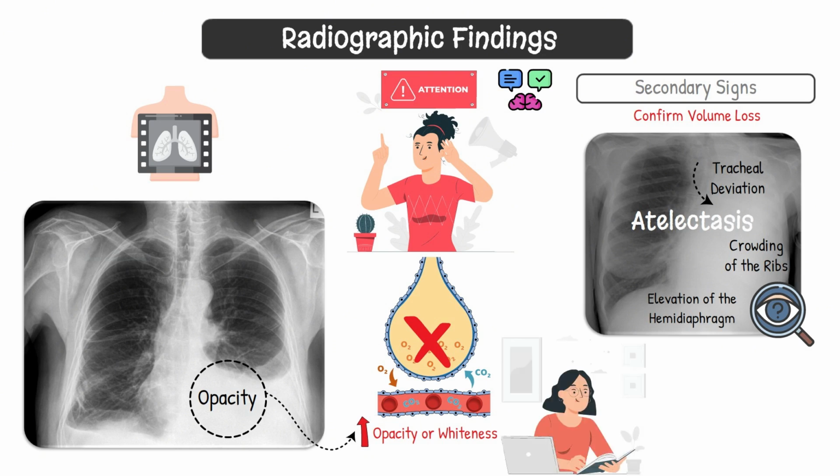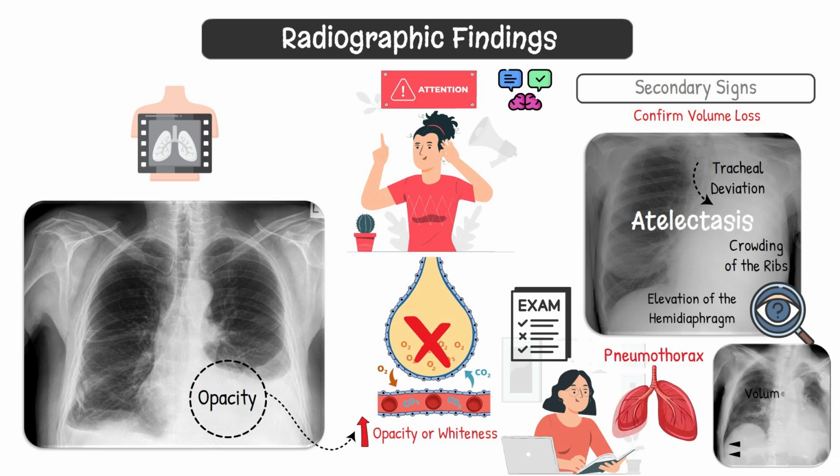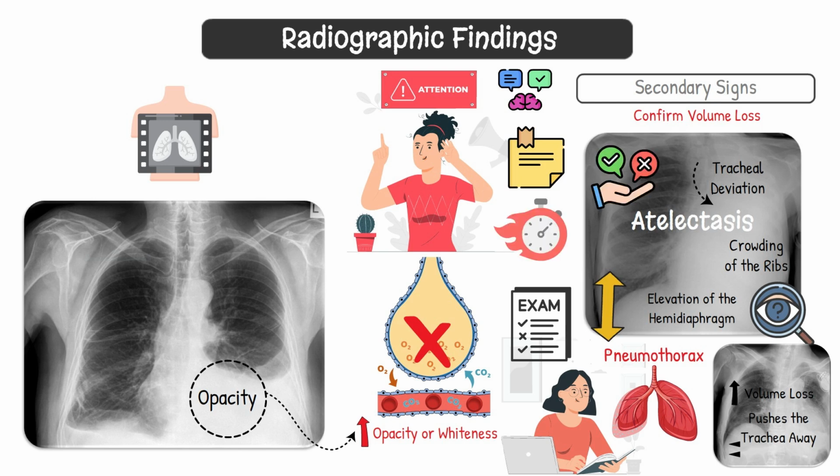One of the most valuable tips for the exam is to contrast this with conditions like a pneumothorax, where volume loss increases and pushes the trachea away. Remembering this directional difference can help you quickly rule in or out atelectasis when you're under time pressure on the exam.